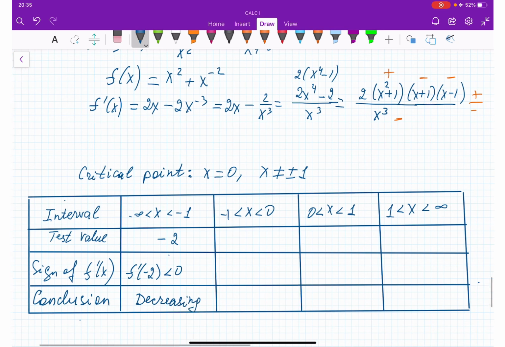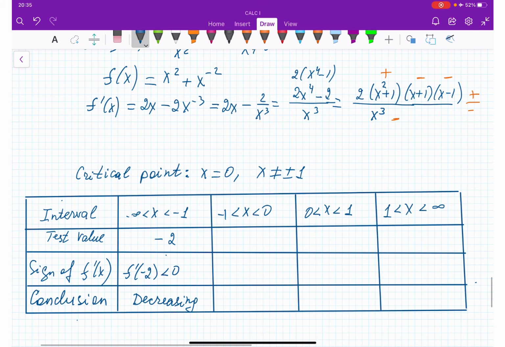Now, x between -1 and 0, let's take -1/2. So this is going to be plus always. I can leave it there, plus.